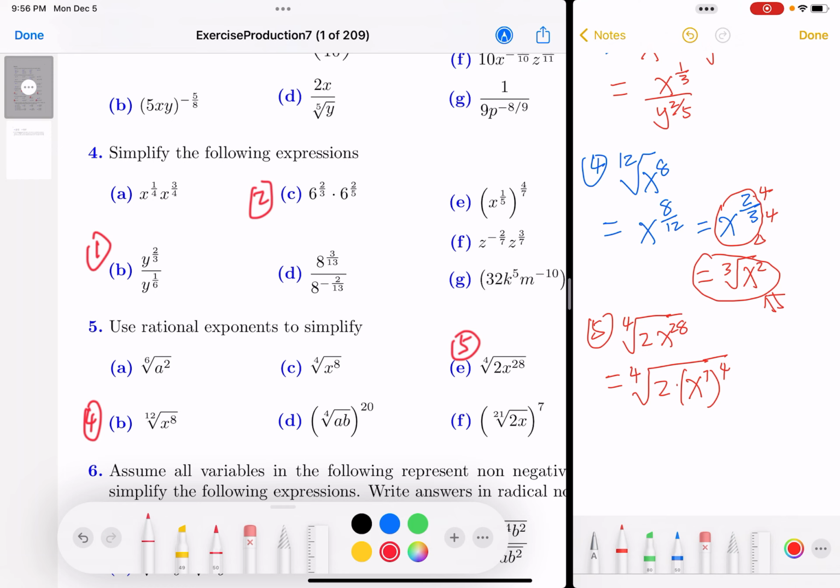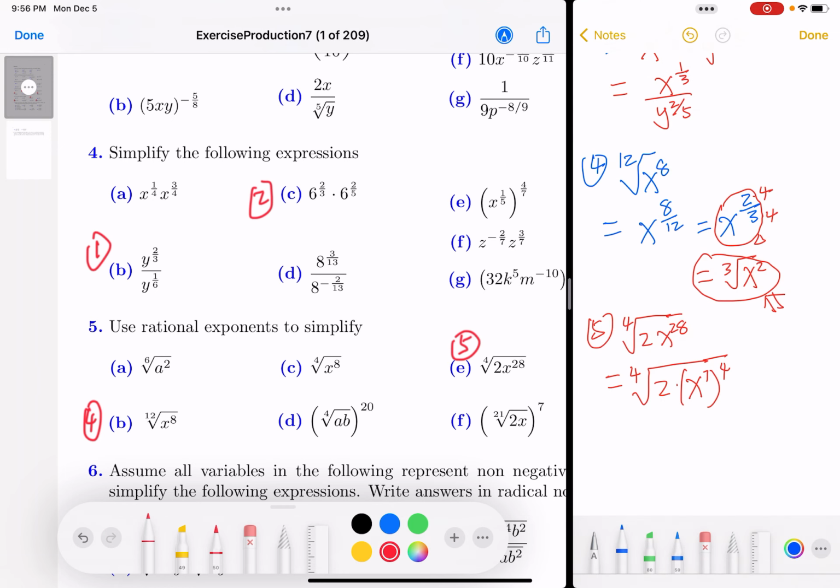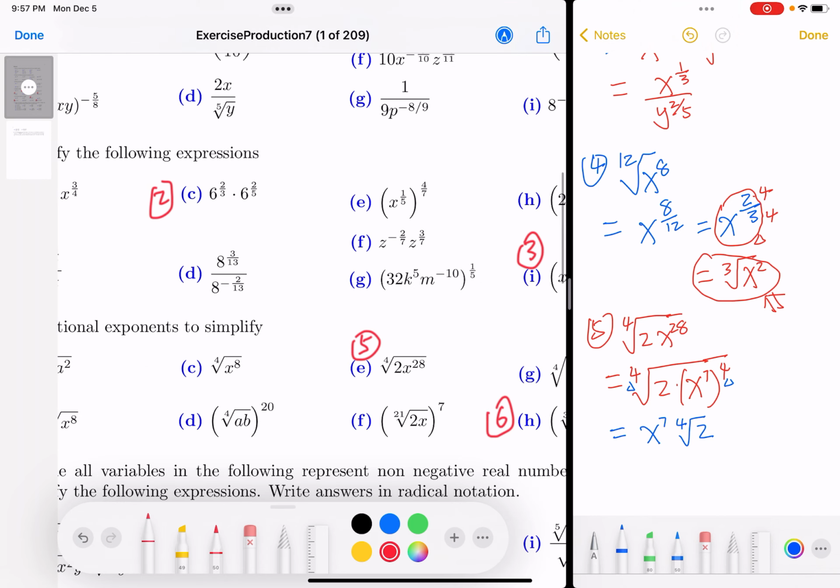And then you see the index is 4, exponent is 4, index is 4. So then this x to the 7th can come out. Okay? And then inside will be the 4th root of 2. That's it. Okay, you simplified it.